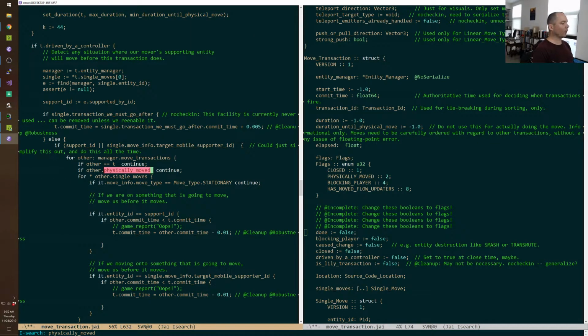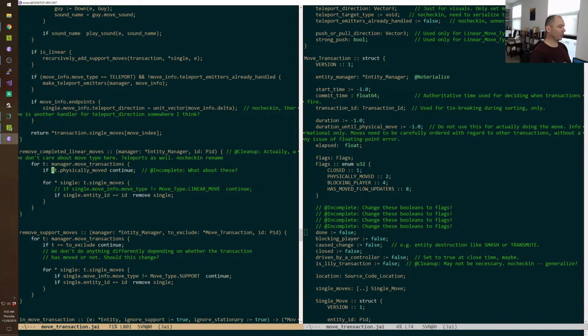And this will make us more motivated to put in more features that make flags nicer. So for example, we should just be able to say this, but we can't because we don't have that right now. So this is annoying, or you have to use it, and that's annoying.